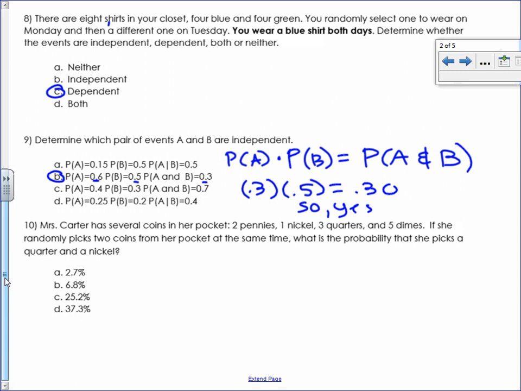So we were basically looking at, if you pick a quarter first and then a nickel. If you pick a quarter first, what would your probability of getting a quarter be? 3 out of 11, okay? And then what would the probability of you getting a nickel be? Okay, 1 out of 10. And so when you multiply those numbers together, okay?